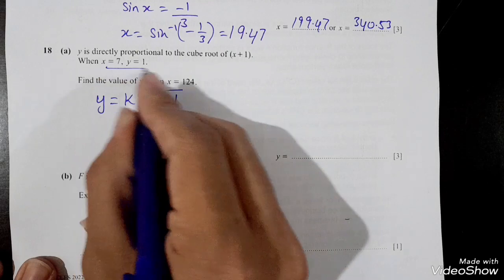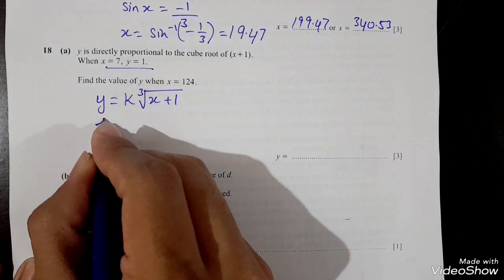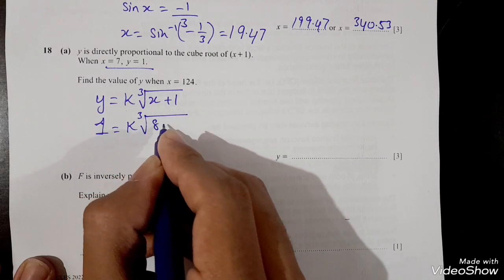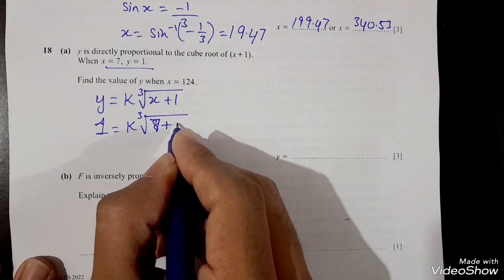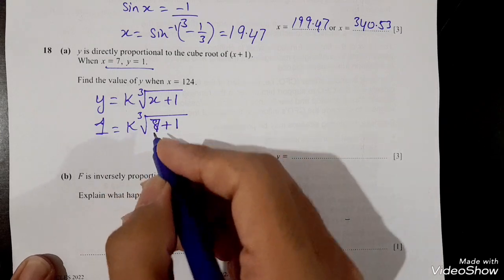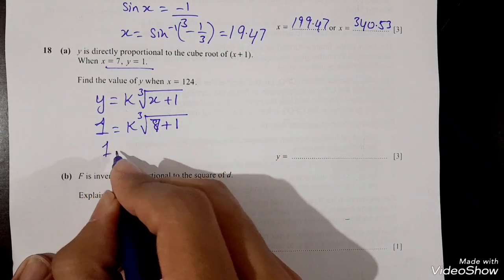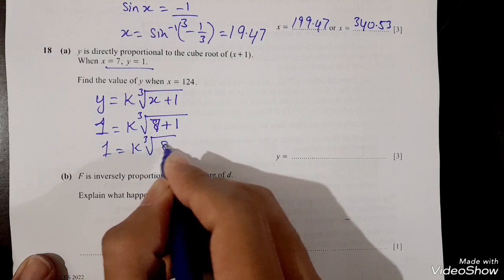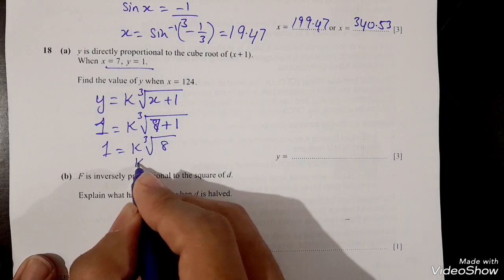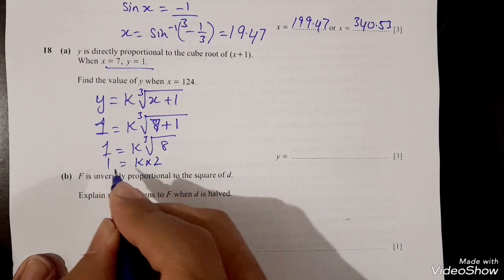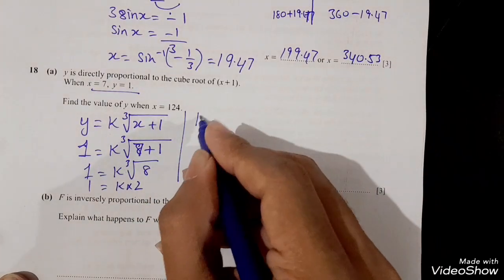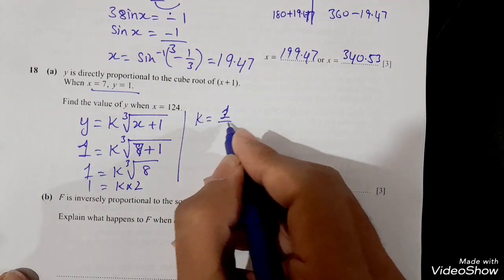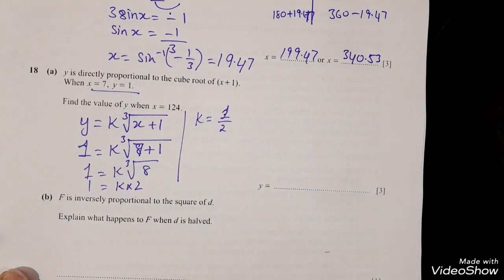We put these values in: 1 is equal to k cube root of 7 plus 1, and 7 plus 1 is 8. So this will be k times 2 is equal to 1. So the value of k is 1 over 2, which is 0.5.